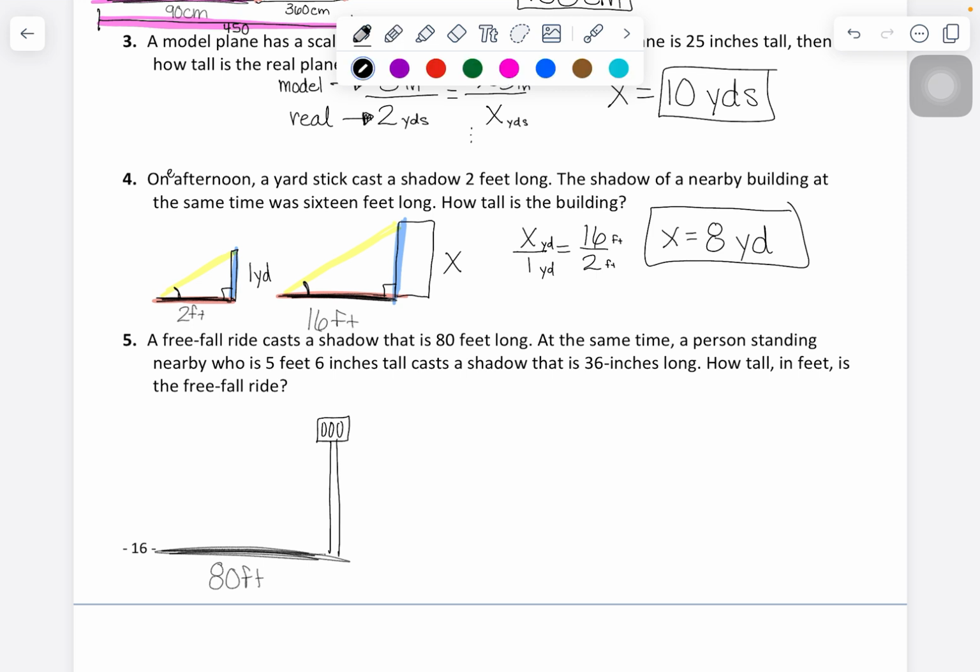A person standing nearby. Person. 5 foot 6 inches tall. Casts a 36-inch long shadow. How tall in feet is the free fall ride?